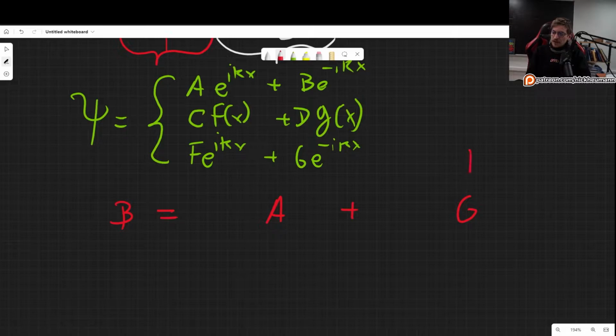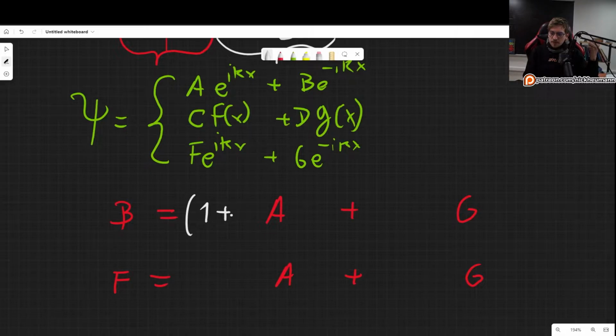Now, we usually have set G equal to 0 because we have been working with scattering from the left, but we are just in very general terms. And then F would also be something times A plus something times G. And this something we have seen, for example, in the past, stuff like 1 plus ik over L, for example.